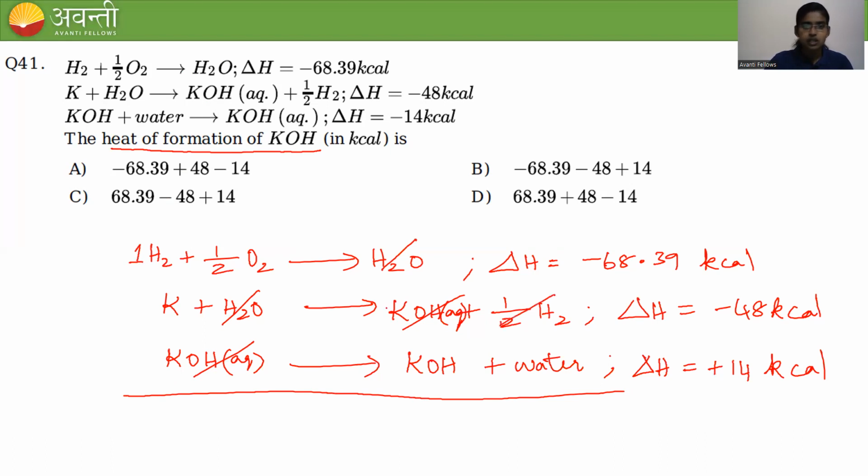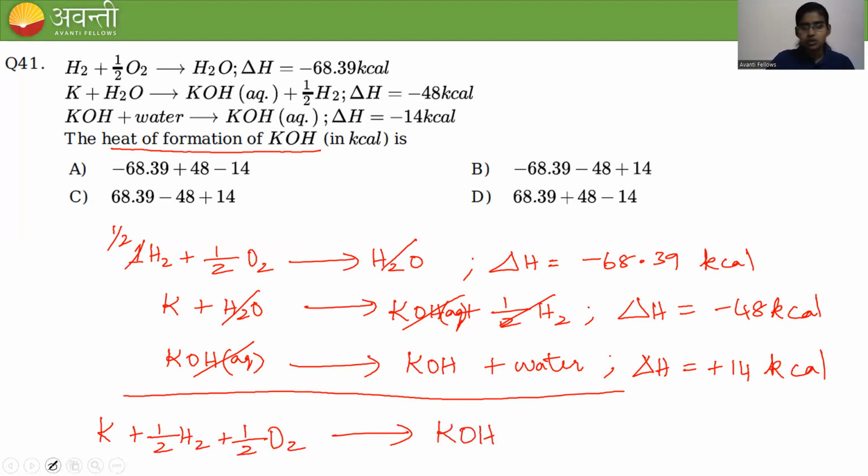So remove this half, and from 1 if I remove the half, I'll have half H2 here. And what else can be removed? So that's all, right? So just write the reactants. On the reactant side we have potassium, half mole of H2 and half mole of O2, and on the product side we have the KOH.